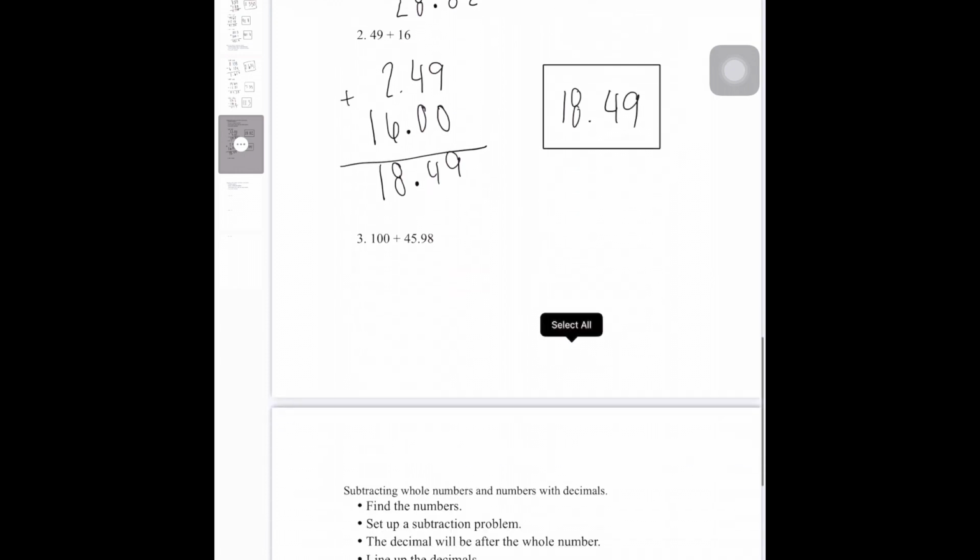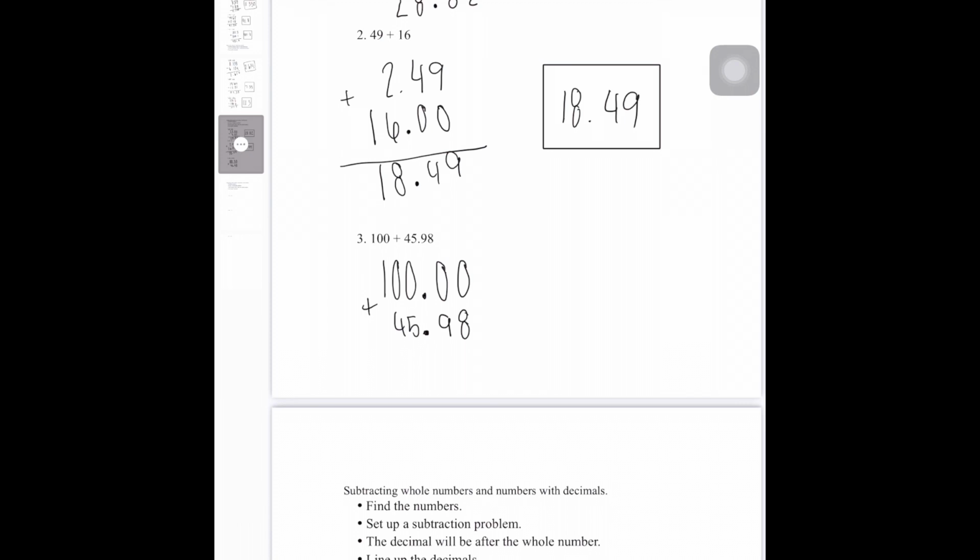Okay, friends, this is our last problem for adding whole numbers and decimals. We have 100 right here. But just because it has 3 numbers doesn't mean we don't add a decimal. So we're going to put that decimal right after our whole number and add 2 more zeros so that we are lining up everything. And then we're going to add 45 and 98 hundredths.